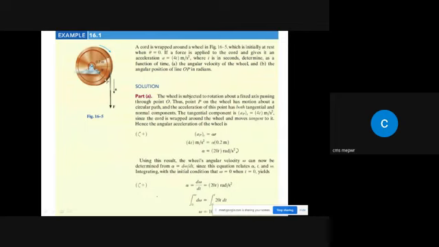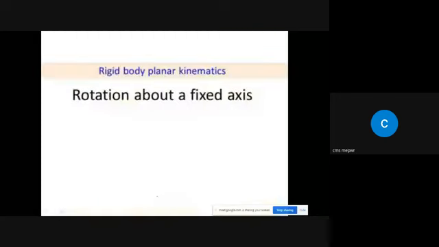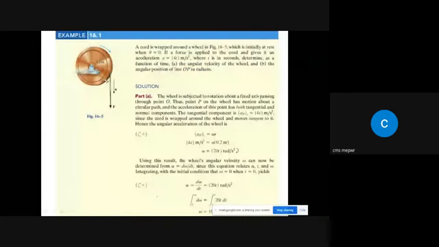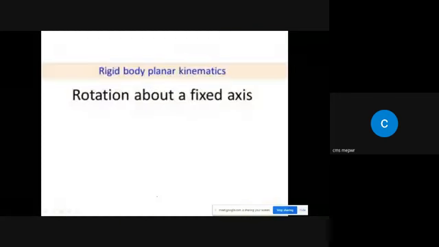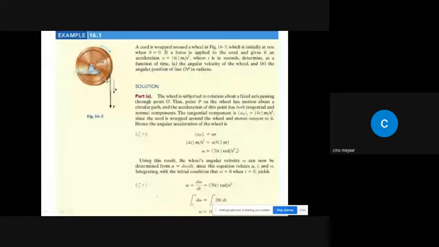I think it will be better if we do this example after going through the second part. So kindly remind me when we finish the second part, then I will come to example 16.1.